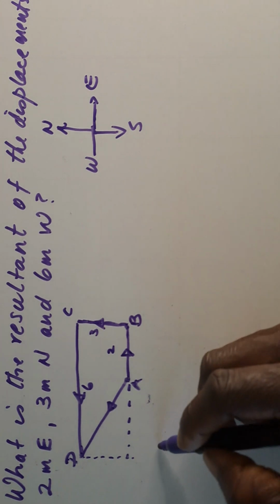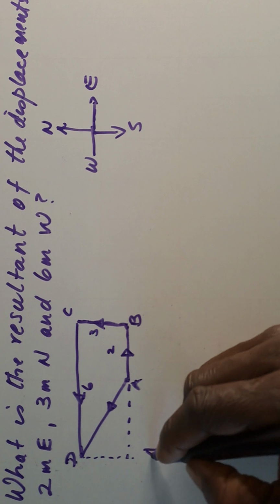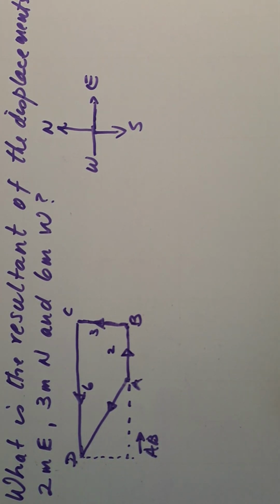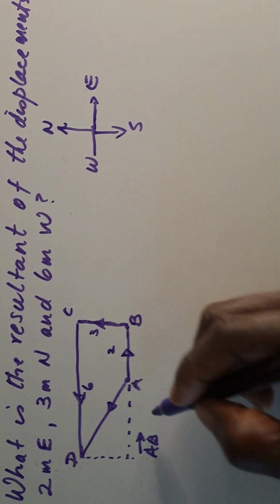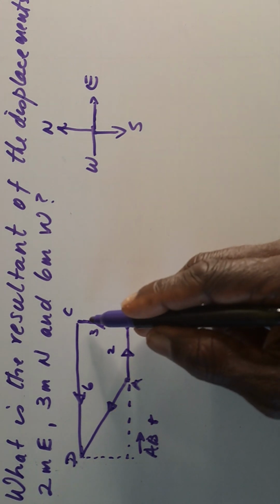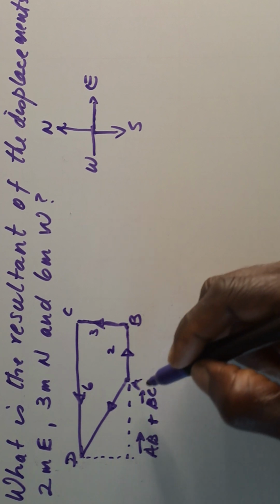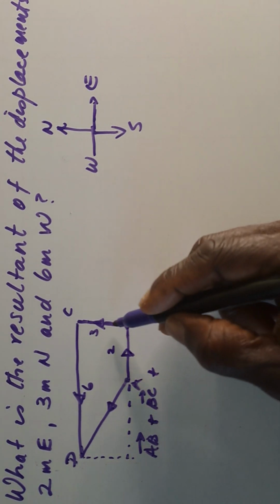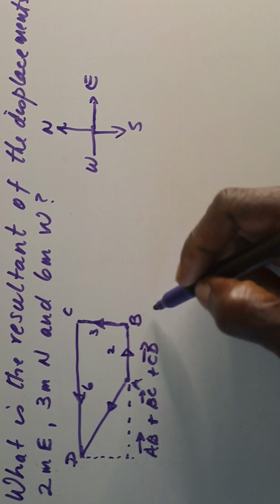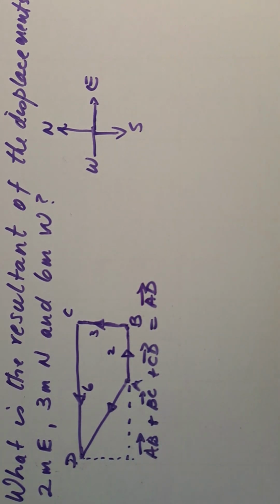Now, if we look at the displacement AB, so this is the notation for displacement from A to B, which is what we have in the diagram. Then if we add this displacement to BC, and we add that to CD, we'll have our resultant, which is AD.